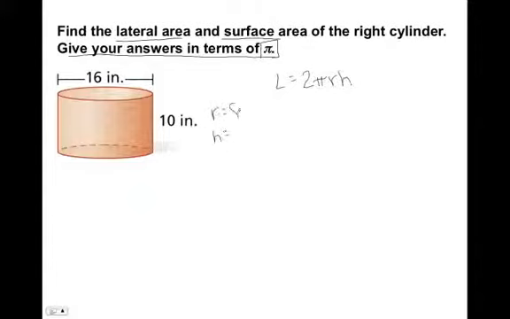Our radius here is 8 inches, our height is 10 inches. So when we substitute in and multiply our numbers here, we get that it's 160 pi square inches. That is the exact lateral area that you need. So now let's look at the total surface area.